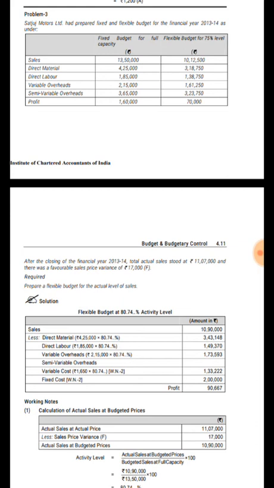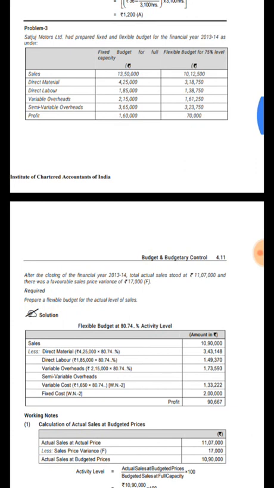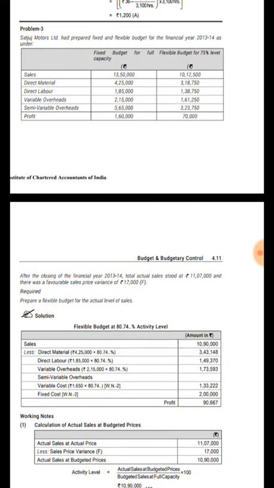This semi-variable overhead we have to segregate, because it is semi-variable, so we have to segregate the variable portion as well as fixed portion. So how are we supposed to do that? 3,65,000 is there, so 3,65,000 minus 3,23,750 divided by the difference in the activity level, 25.